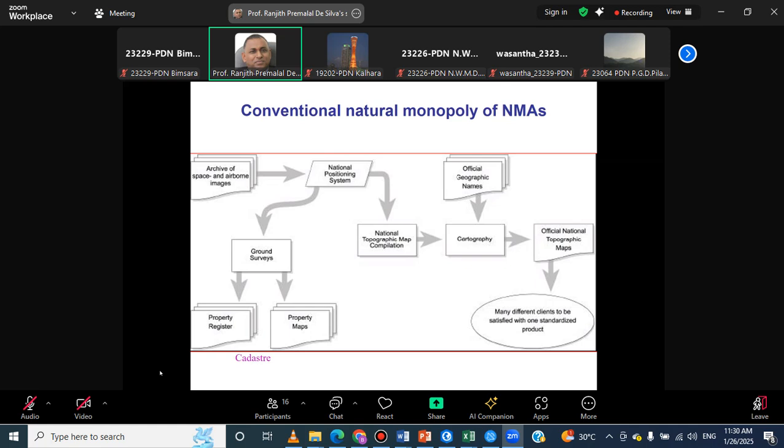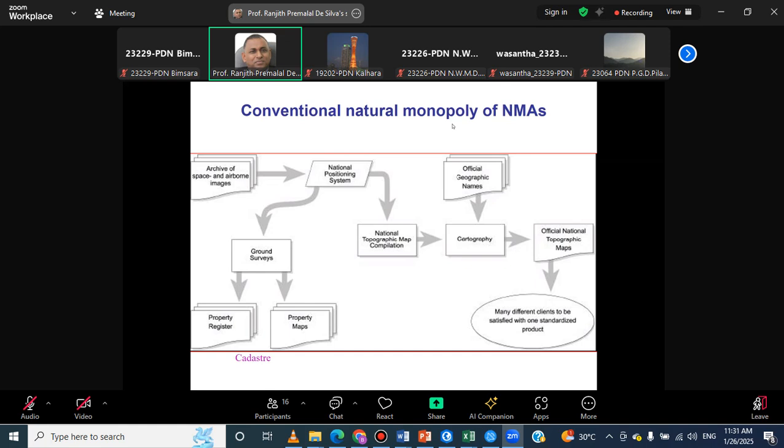So you can get an idea. On the starting side, you have an archive of space and airborne images. You have satellite images and various airborne missions to collect aerial photography, and they keep all these in their archives. Then they adopted the national positioning system for the geographic reference, the coordinate system that they use, either geographic or projection coordinate system.